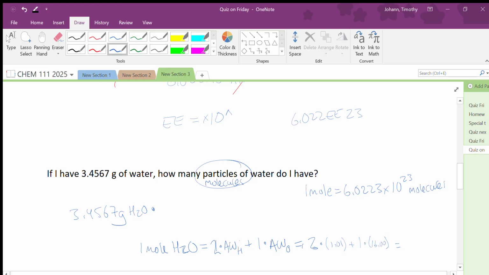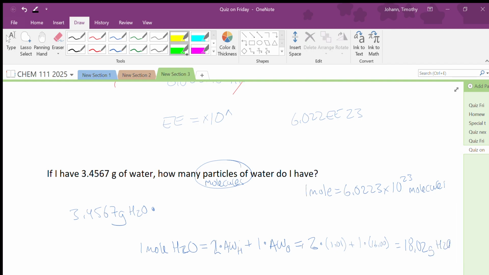So that's what we've got there, and then we'll put it in our calculators and multiply it through: 2 times 1.01 plus 16.00 is 18.02. And that's going to be grams of water.